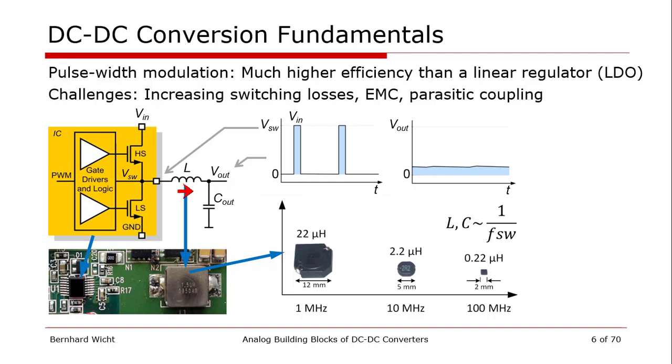If you look at a real-world example, it looks as seen here on this photograph on the lower left. We have the IC, which is quite compact and small, but there is still a relatively large space required for the passive components. State-of-the-art switching frequency is roughly 1 megahertz.